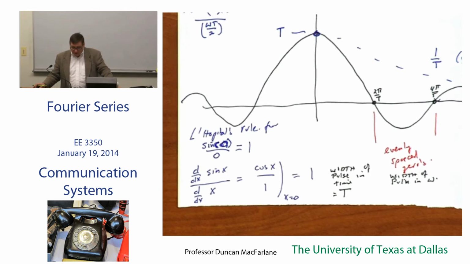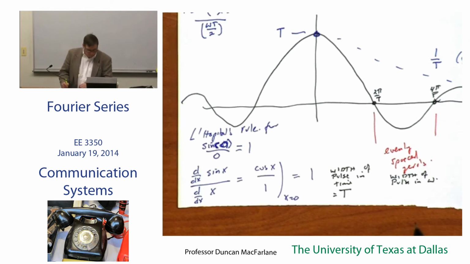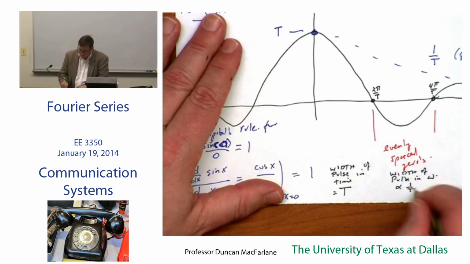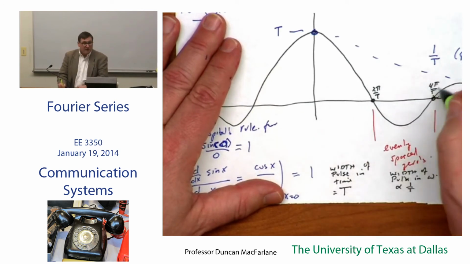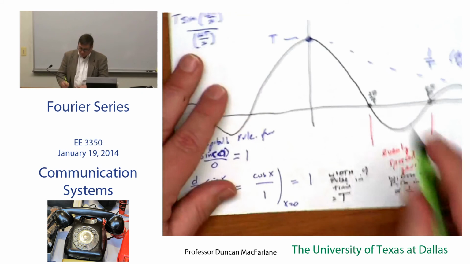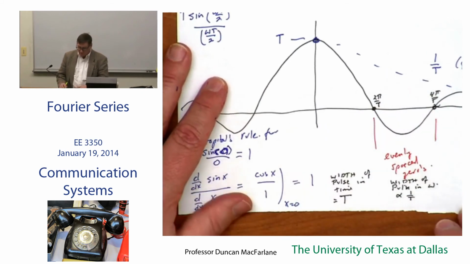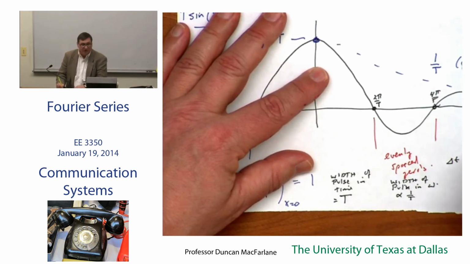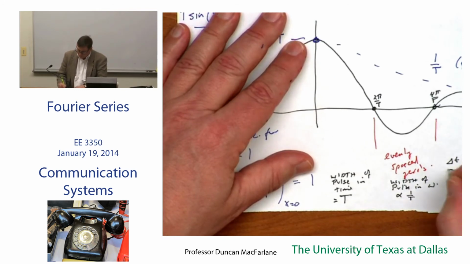I'm going to be sloppy about this, so I'm just going to say that I know that it's proportional to 1 over t. You see these guys here? It's 1 over t. So if I just say that it's at this first 0, if I multiply delta t and delta omega, and again, it's really hard to pick a delta omega, then that's going to equal capital T times, let's say, 2 pi over t.